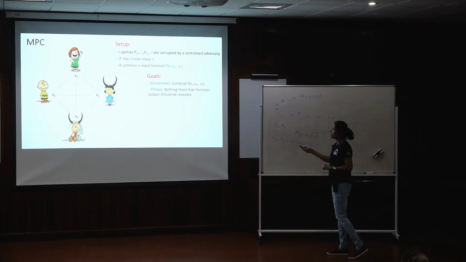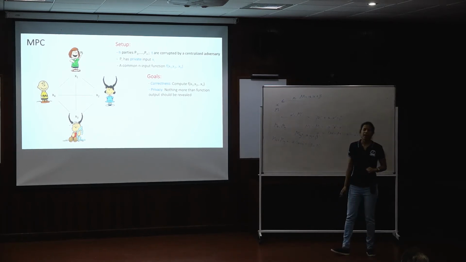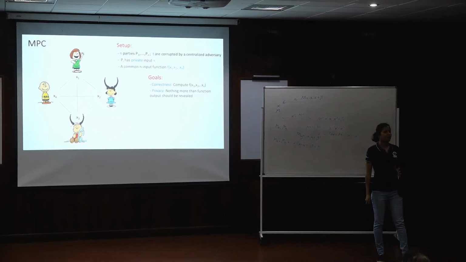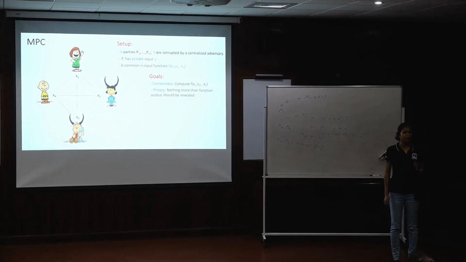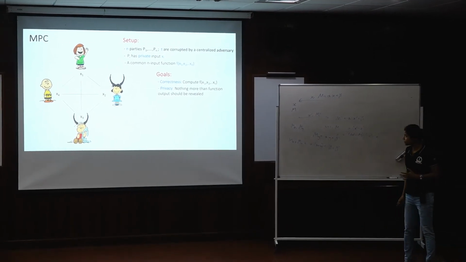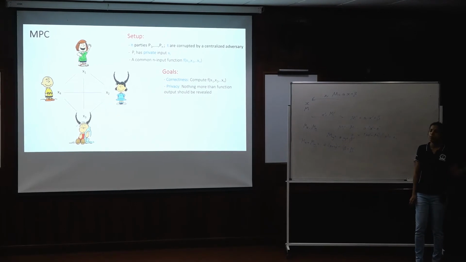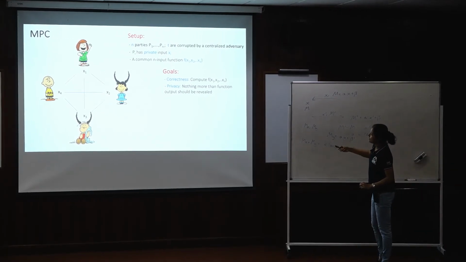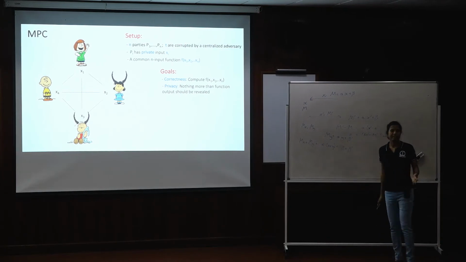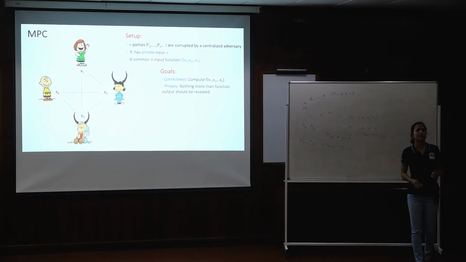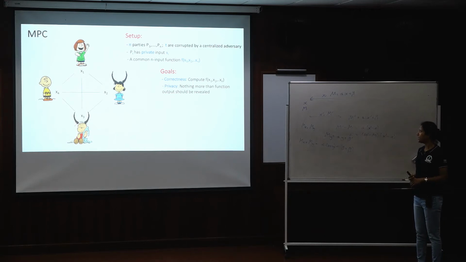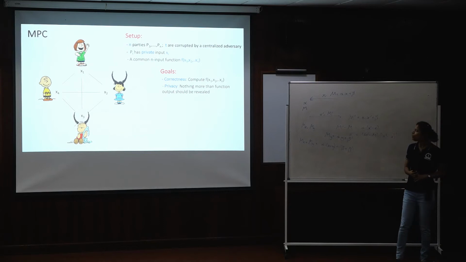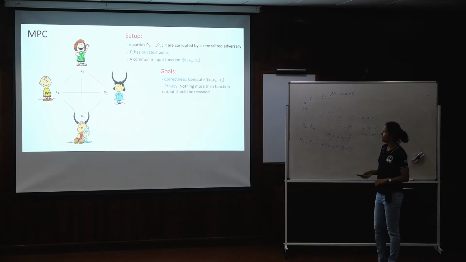Every party Pi has an input xi, and the goal is to compute a polynomial-time computable function f on the private inputs of the parties, with the goals of, of course, correctness: in the end everybody would like to get the output of the function, and privacy, meaning that nothing more than the function output should be revealed.